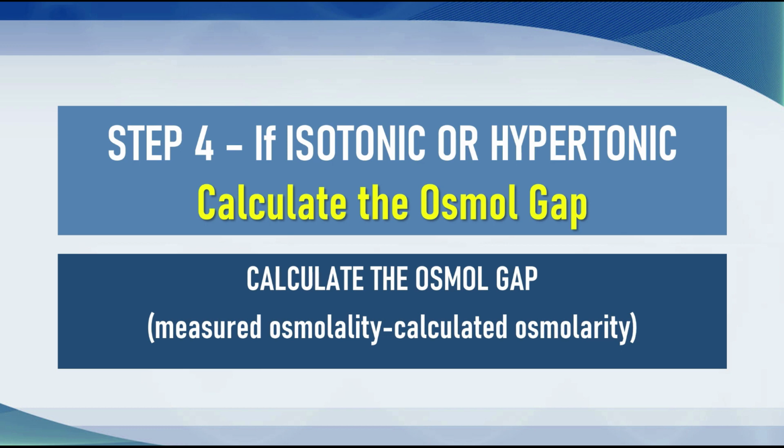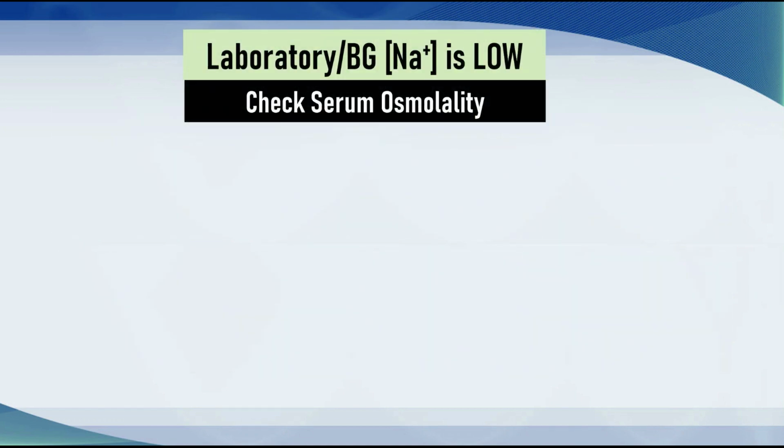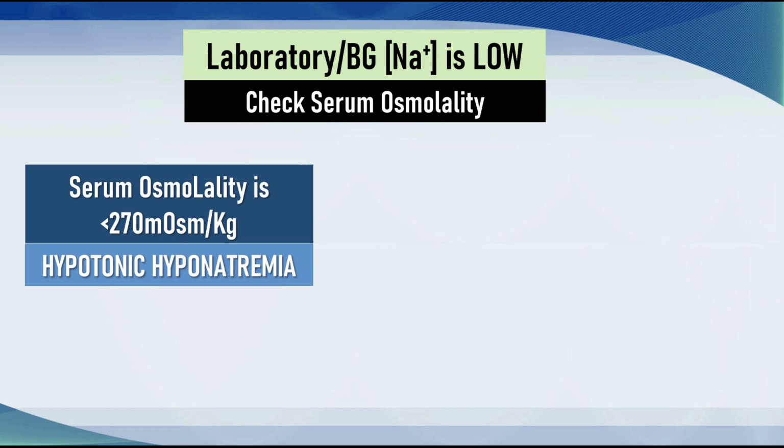If indeed the patient's osmolality is normal or high, you should calculate out the osmol gap and look for a cause. And when you treat that cause, for example, ethylene glycol poisoning, you really want to see that gap narrowing over time. And just to run through a decision tree for this, once you've checked the serum osmolality, if that osmolality is less than 270 milliosmoles per kilogram, you have hypotonic hyponatremia.